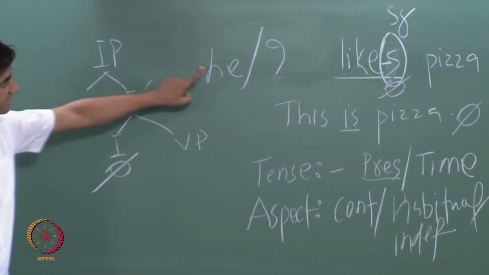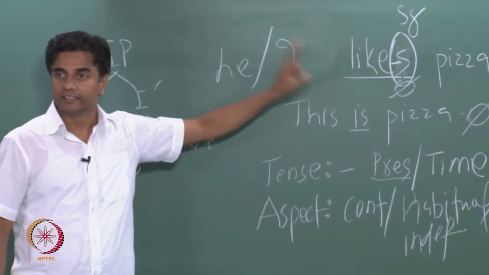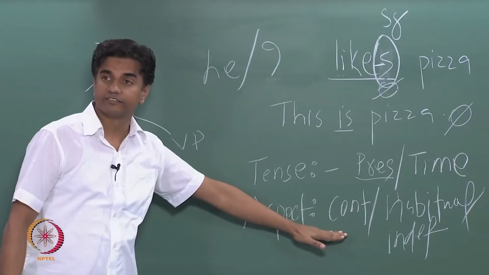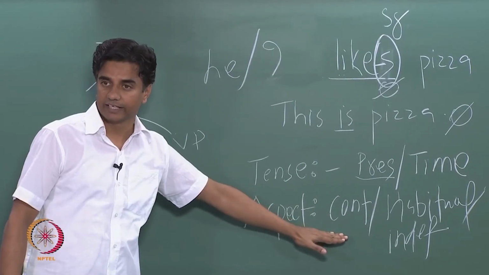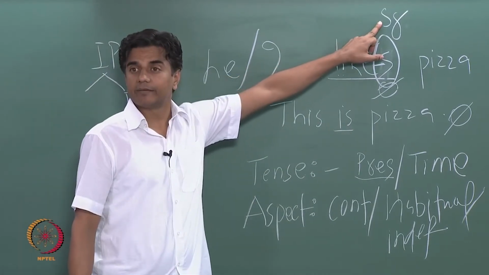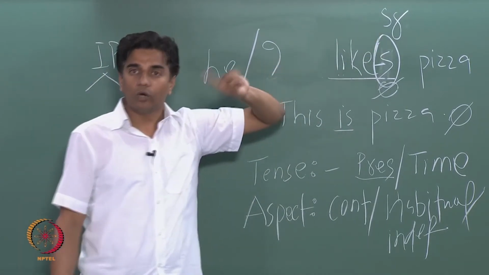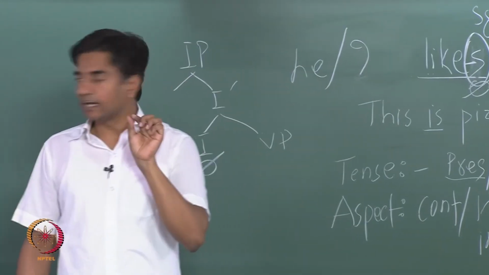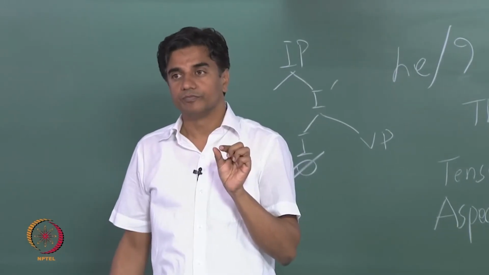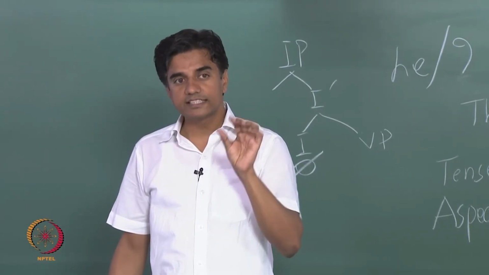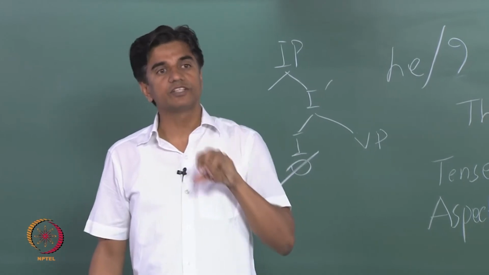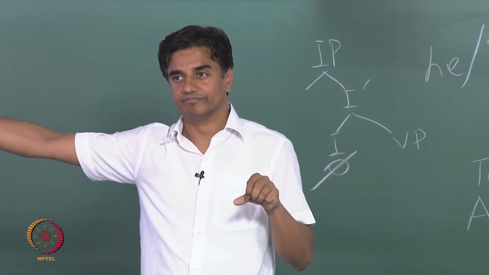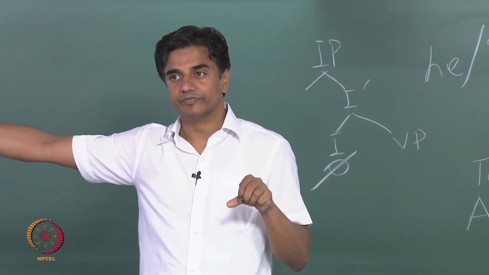So for this sentence, I like pizza or he likes pizza, this is present tense, indefinite aspect, singular agreement marker. All these kinds of information are associated with the verb, but they have to be manifested somewhere else in this structure.